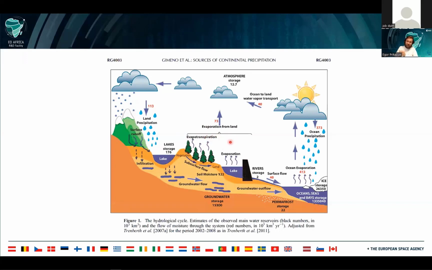But evaporation, the process that happens constantly, the vertical movement of water, is as large as 90% of all water that we have in the cycle, but it's invisible, which means that we need models to estimate it. Something that we cannot see, doesn't exist, but that's not true. It exists, and we need some specific tools to be able to estimate it.